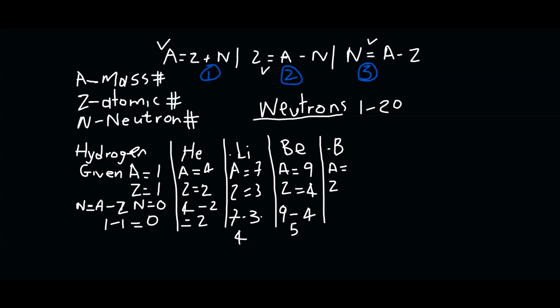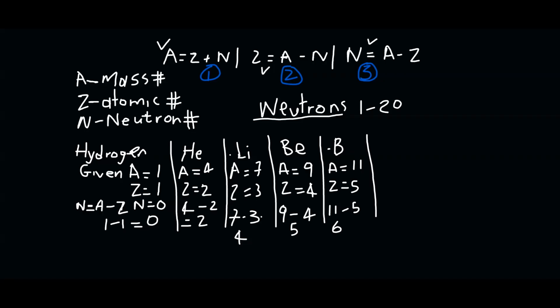Round it off. 11. Good. And then 5, right? So 11 minus 5 would give us 6. Excellent. So for those who are following, remember that we're calculating the amount of neutrons.